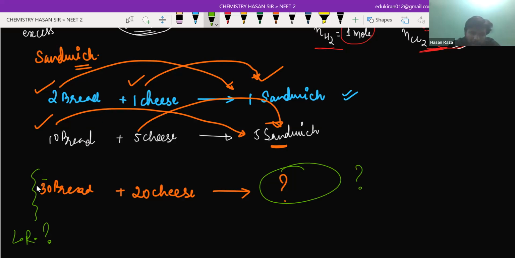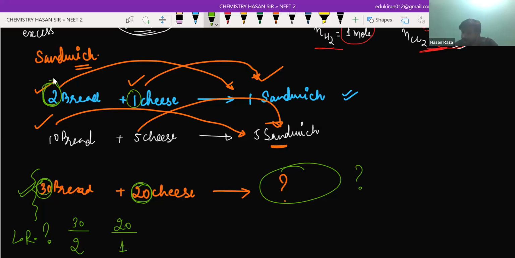Whatever is the number of moles given in the question, you are going to take the ratio of the number of moles given in the question to the number of moles in the reaction. You can see here it is 20/1, and here it is 30/2.